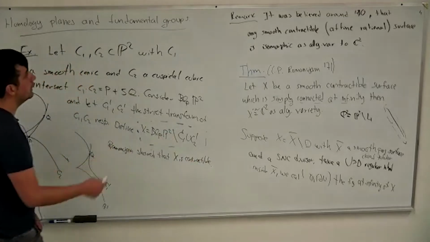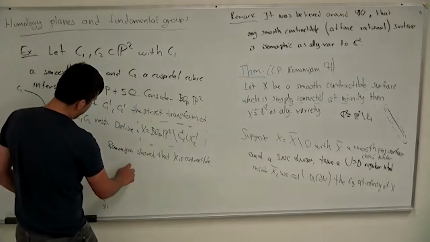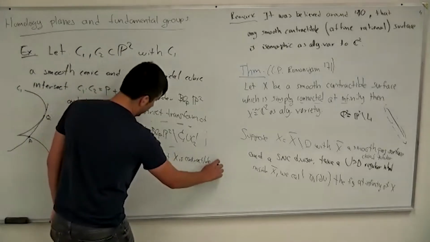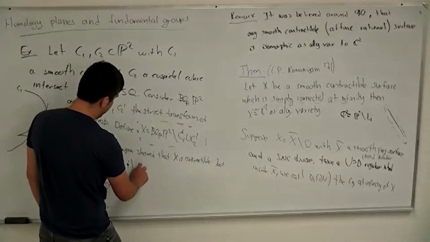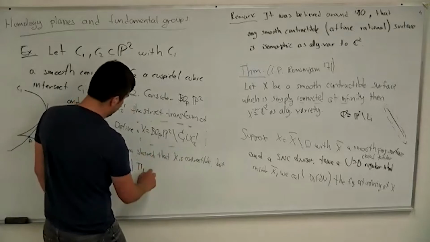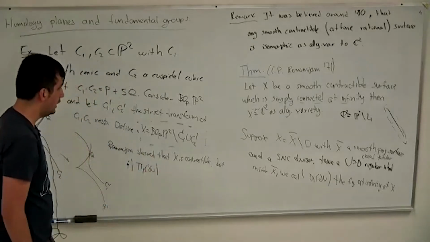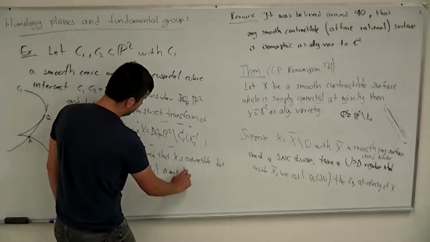So it gave a counterexample to this by showing, he showed the following, but the pi 1 of this divisor, sorry, the pi 1 of this manifold here, three-manifold, is not trivial.